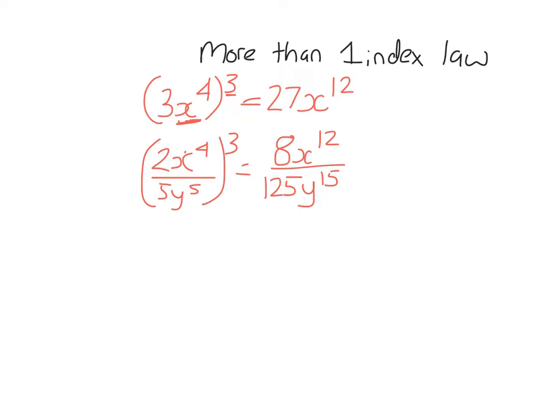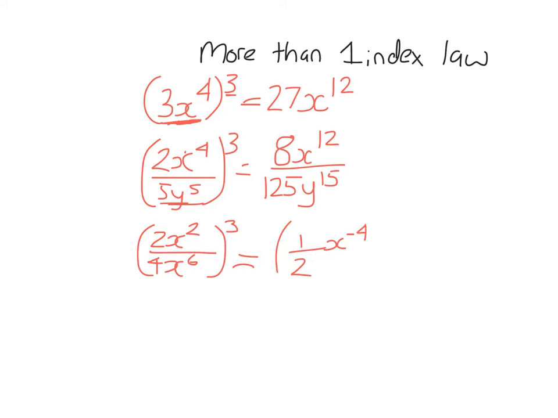So let's look at one involving negative indices. In an example like this, I have to do the brackets first. In this example and this example, I couldn't simplify the brackets any further. Here I can. So 2 over 4 is just a half. Now, x squared divided by x to the power of 6, keep the same base and subtract the powers. So I've got to raise that to the power of 3.